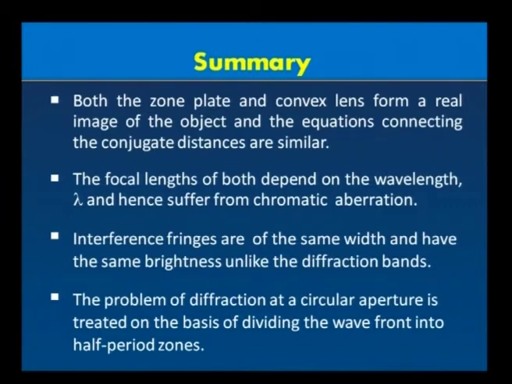That is, the image suffers from chromatic aberration. Interference fringes are of the same width, and the brightness is the same. The problem of diffraction at a circular aperture is treated on the basis of dividing the wavefront into half period zones.